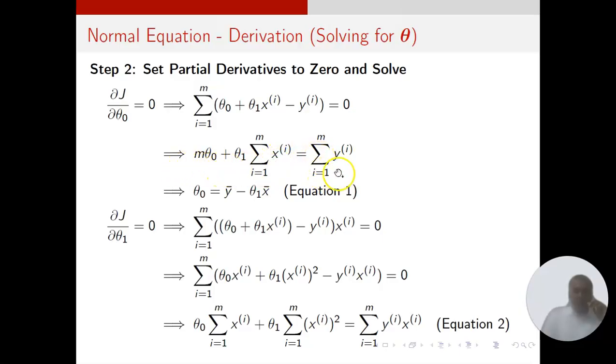If you divide by m on both sides, you get 1 by m into sigma i equal to 1 to m of x i, that is nothing but the mean value, x bar, and similarly y bar. So if we take this side, then we'll get theta naught as y bar minus theta 1 into x bar. Let us consider this as equation 1. Similarly, dou J by dou theta 1 is also equated to 0.